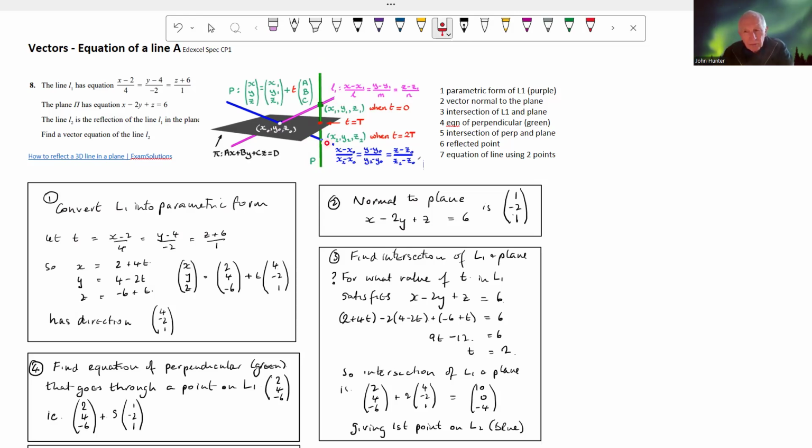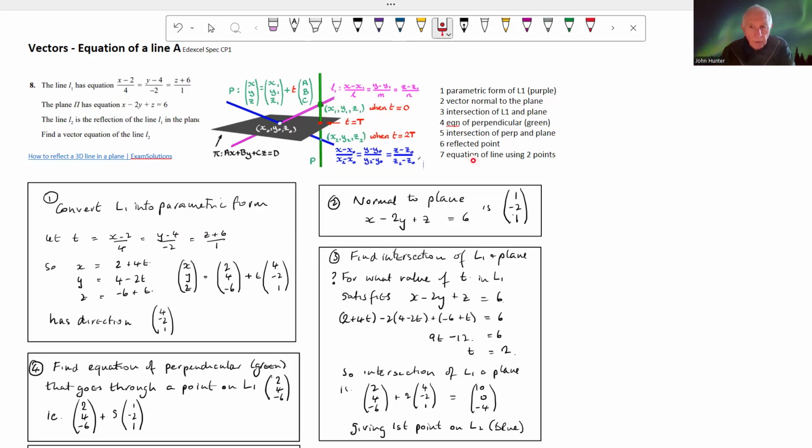Well, we can find the direction of the perpendicular quite easily, because that's a standard solution from the equation of the plane. And if we have this purple line in parametric form, it's in Cartesian form at the moment, then we can use the base point in that form there.